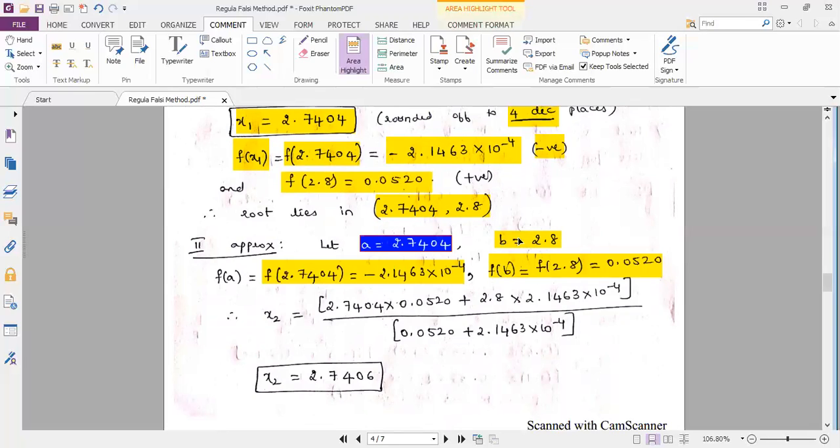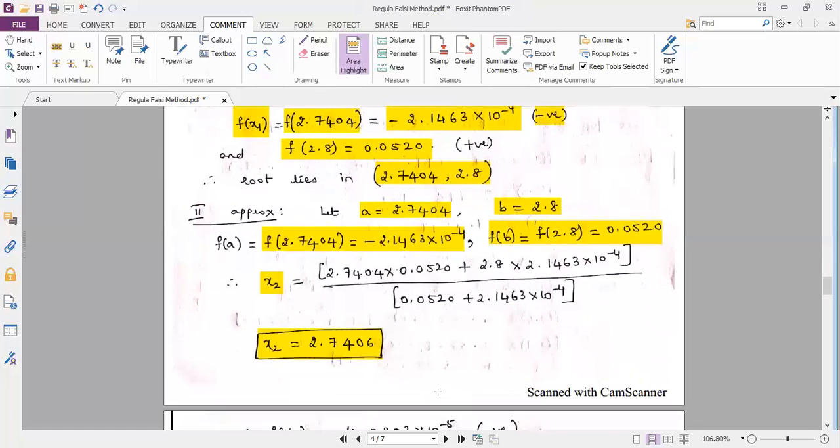Substituting these values of A, B, F of A and F of B into the regula falsi formula, we obtain the second approximation for X, denoted by X2, as 2.7406. Observe the values of X1 and X2. X1 is equal to X2 up to 3 decimal places. Since the fourth decimal is not yet the same, we perform the next iteration.